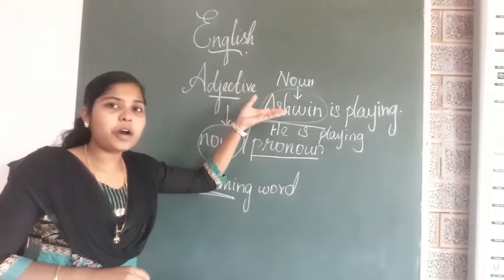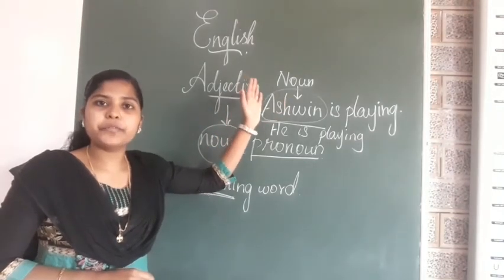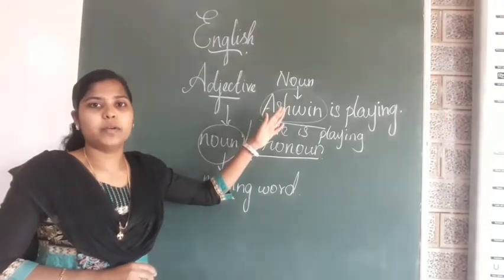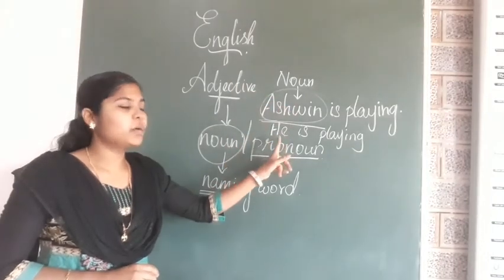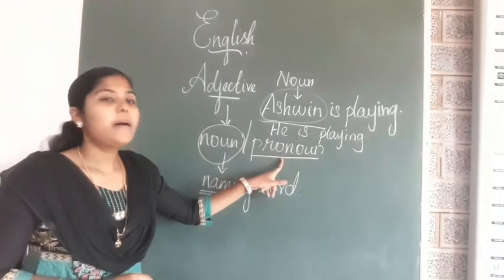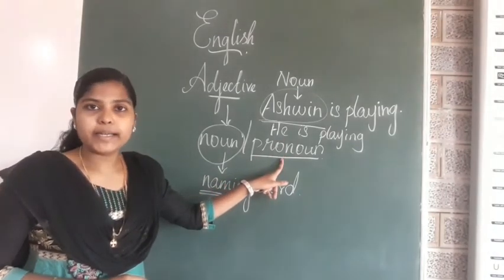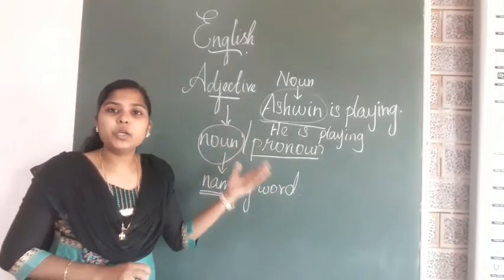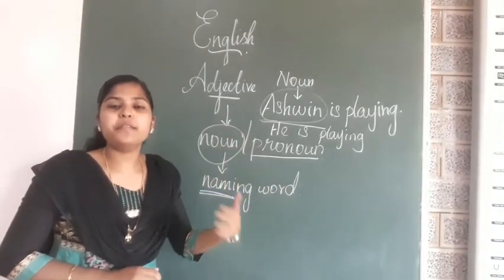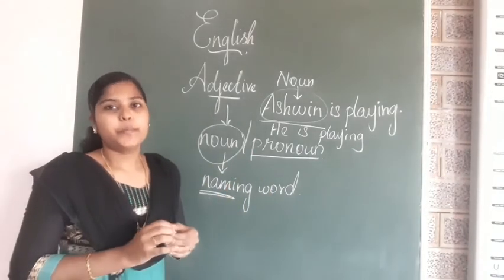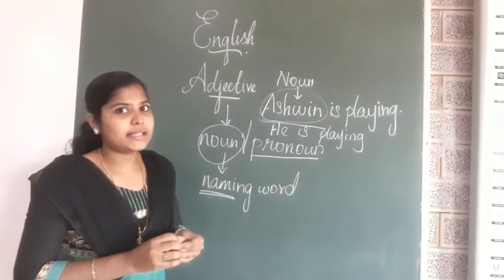Instead of this noun, I am using another word, he. So this word is called a pronoun. Can you understand, students? A word that is used in the place of a noun is called a pronoun. Can you understand?